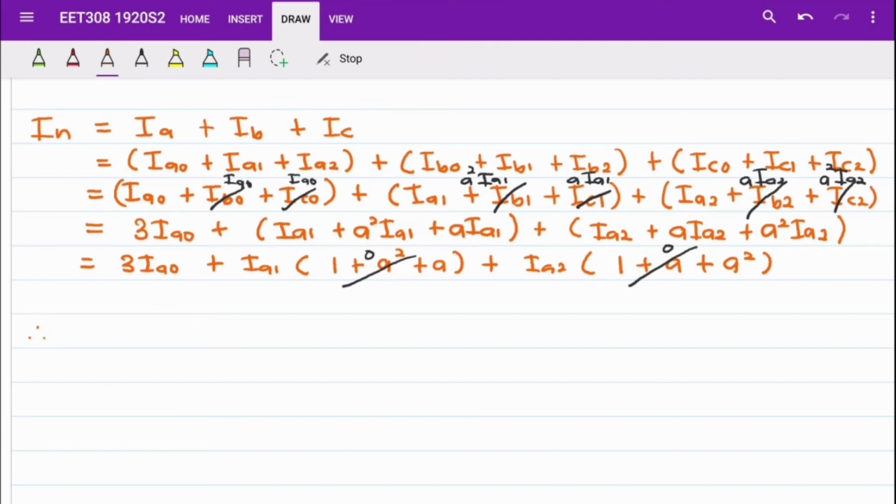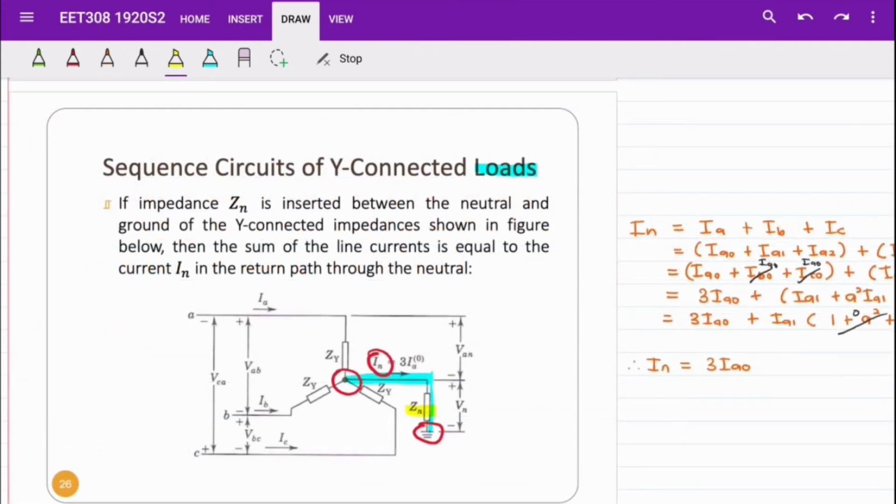Therefore, the current IN is equal to 3 times IA0. From the current equation, IN equal to 3 times IA0, we know that Rn only exists in zero sequence network.